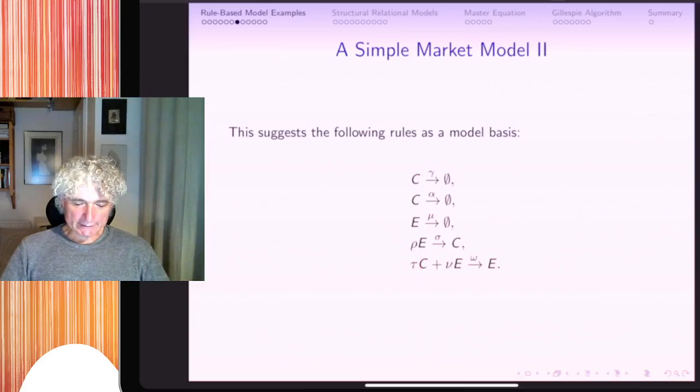And the nu is a kind of efficiency, how much of the economy you need to produce more of the economy. And there is also a certain rate omega involved. So a certain amount of capital and a certain amount of already existing economy is creating more economy with a rate omega.